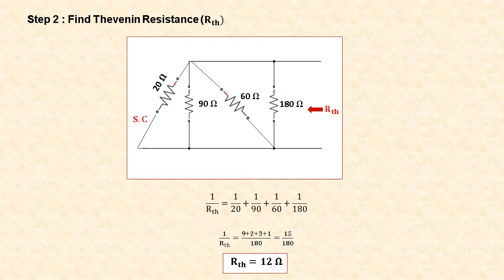So this is equal to, taking LCM as 180, (9 plus 2 plus 3 plus 1)/180, which is equal to 15/180. Taking reciprocal, we have RTH is equal to 12 ohms. That is, Thevenin's resistance is equal to 12 ohms.